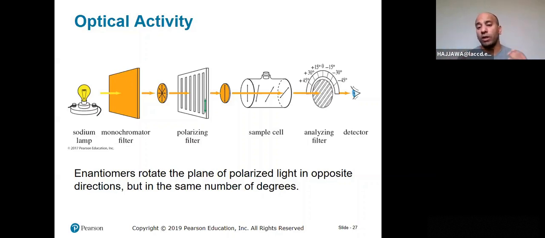Every single time we deal with enantiomers, we have to always observe that, in order for them to be enantiomers, they have to rotate the plane polarized light in the same amount, but opposite direction. So one would be like minus 12 degrees, the other one would be plus 12 degrees. That's just an example.